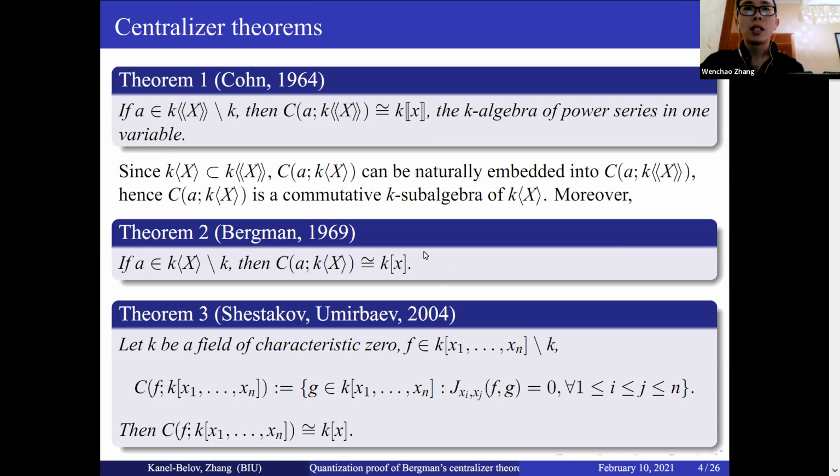But what is J? What is J x_i x_j? I will explain. J is the Jacobian determinant. After that, Shestakov and Umirbaev developed, actually, they gave an analog.